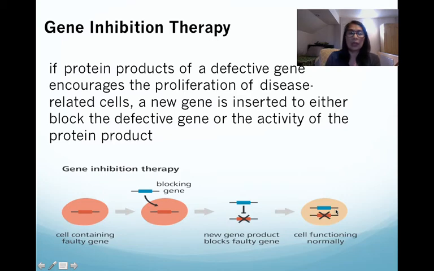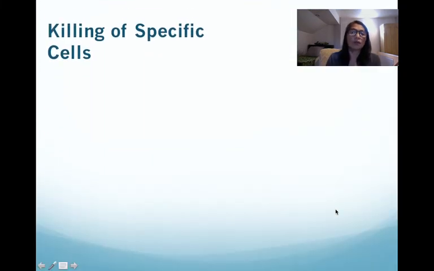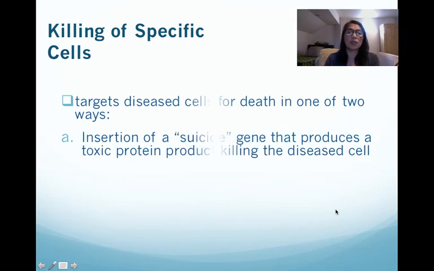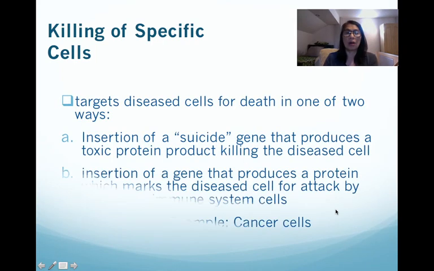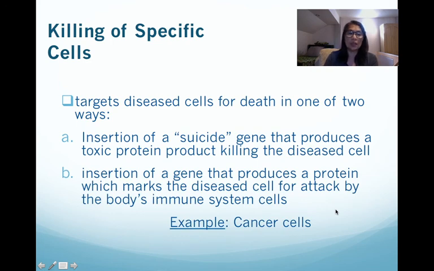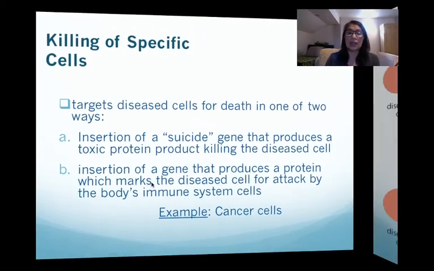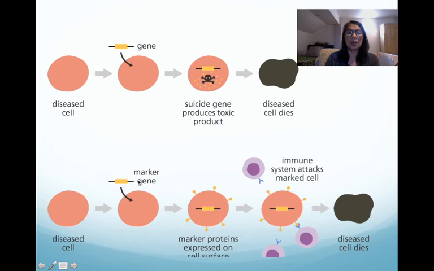Now, other ways of gene therapy or other techniques will include killing of a specific cell. And there are actually two ways of doing this, where this will involve the suicide gene and also the markers that are introduced into the cell. Example is in cancer cells. So in one of the techniques, this is the disease cell.